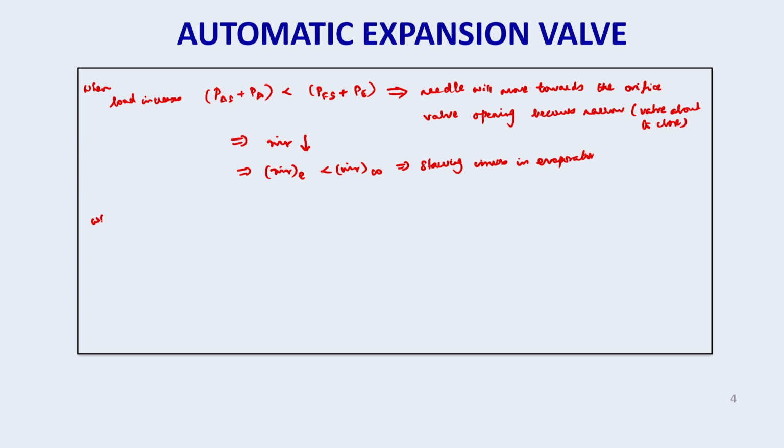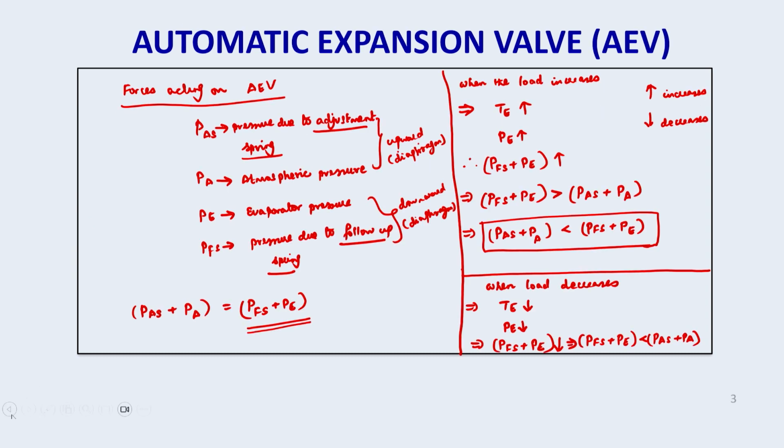When the load decreases, let us go to the previous diagram. This is when the load decreases. The summation of the forces acting in the upward direction is more than this one.